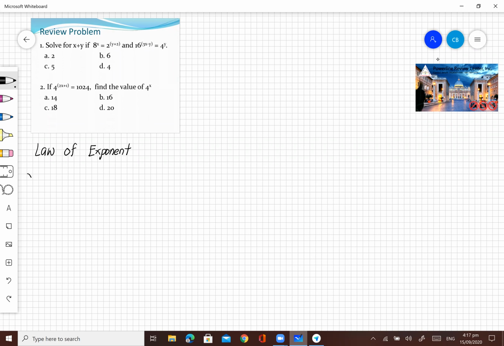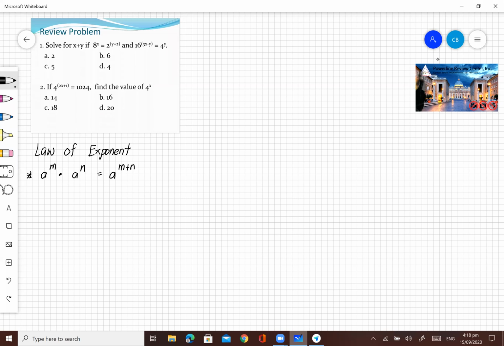Alam natin, if we try to multiply same bases with different exponent, we try to copy the base, then you just add the corresponding exponent.